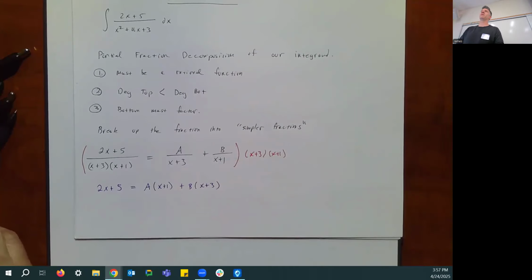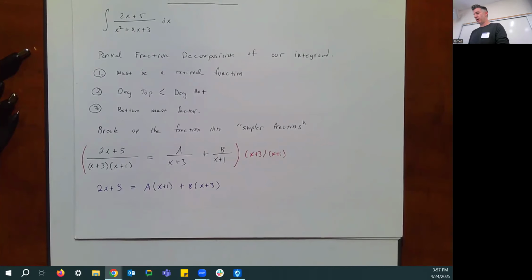Some people like to make this more complicated than it needs to be. I do not. This equation is supposed to be true regardless of the value of x. Meaning, you can pick any value of x and plug that in for x and solve for what's left.